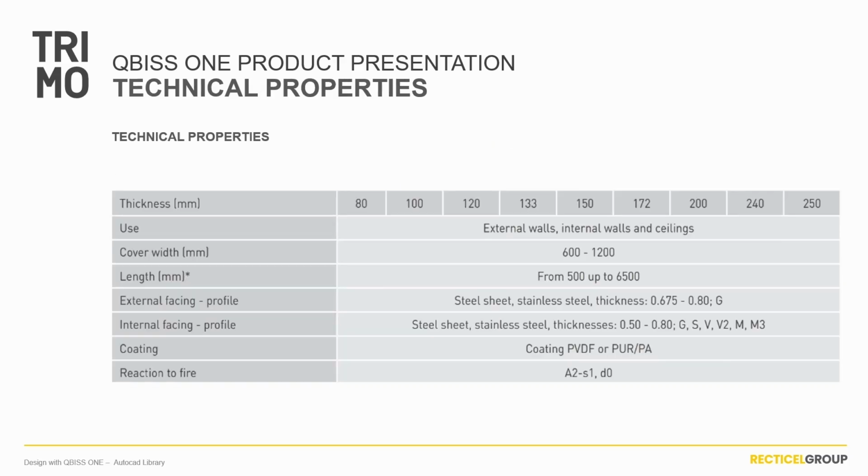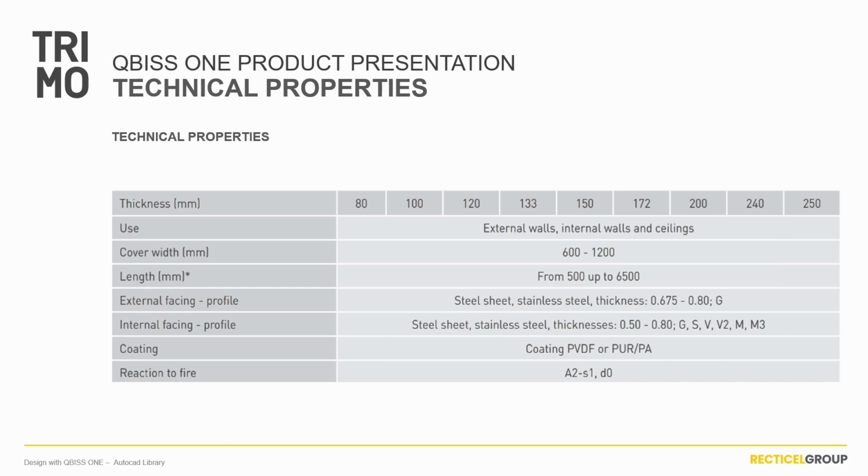Okay, so now let's talk technical properties. The available thicknesses vary from 80 to 250 millimeters, while panel width is available from 600 to 1200 millimeters. Length of the panel starts at 500 and is possible up to 6500 mm.